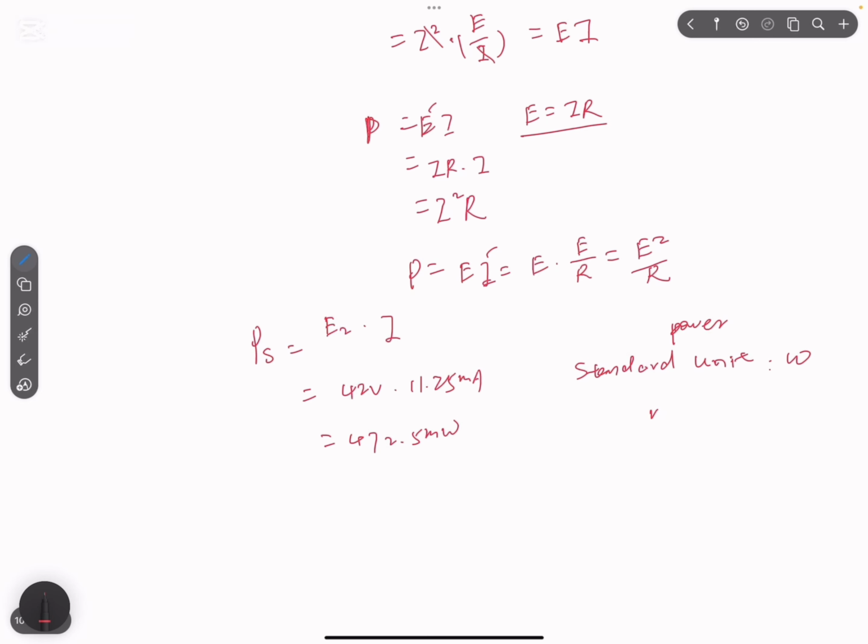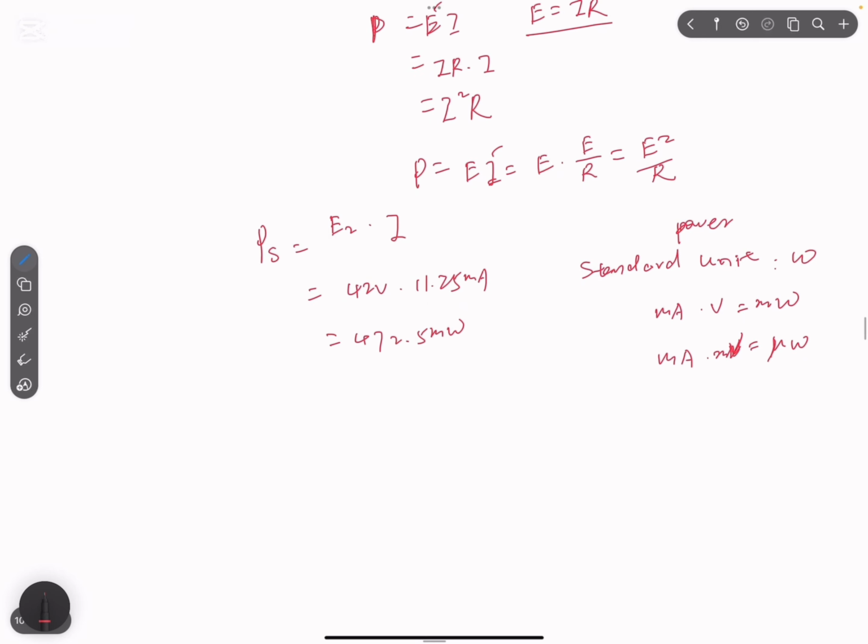If we have milliamps times volts, that will be milliwatts. If we have milliamps times millivolts, that will give us microwatts, because milli times milli is 10 to the minus 6, which is micro. If we have amps times millivolts, that will give us milliwatts.